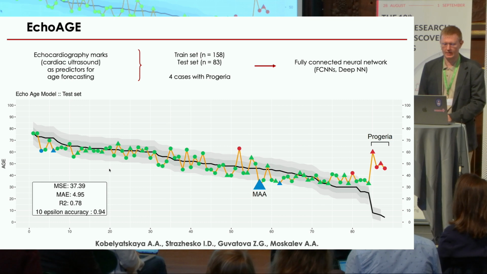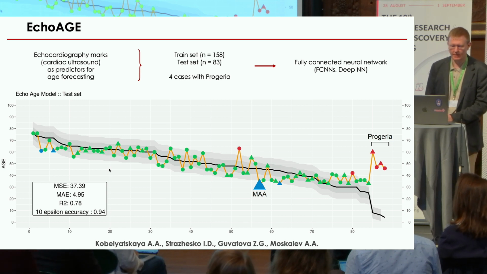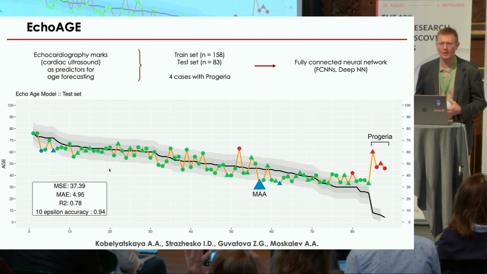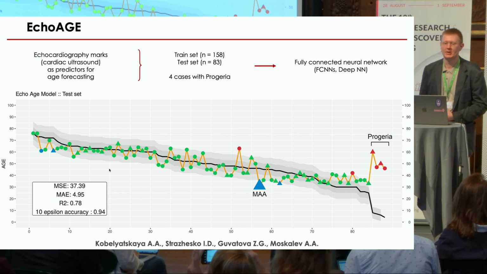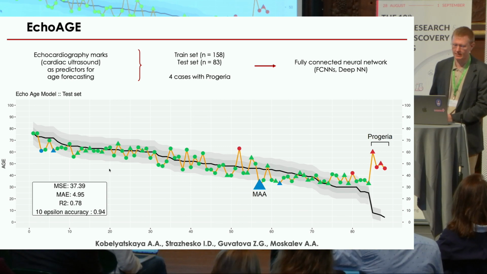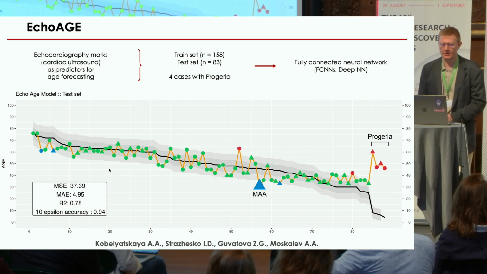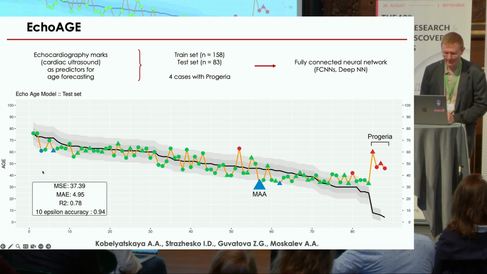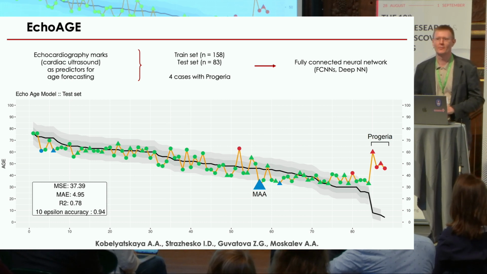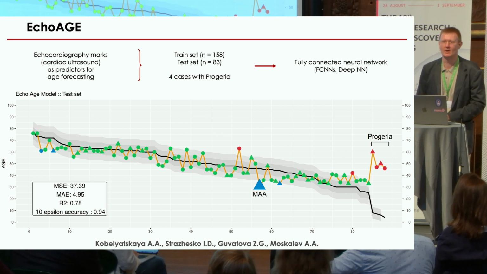This kind of aging clock is quite accurate and non-invasive, because you use only ultrasound of your heart, and many parameters, after being put into this model, predict your biological age. This is my biological age, the big triangle. I'm 46, but by this model I'm 31.